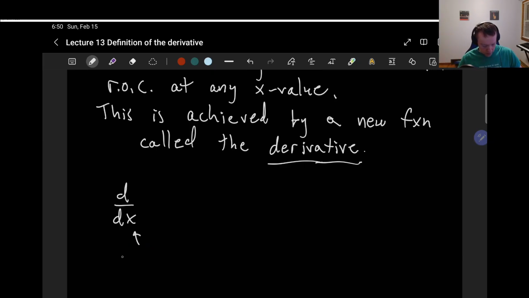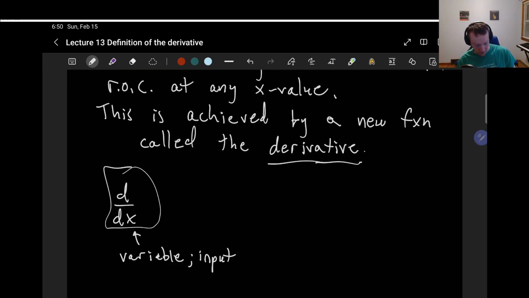So down here is the variable or the input of your function. So if we're doing a physics problem like with time, then it would be d dt. That's how we say this, d dx. It's whatever your input variable is. So this is the derivative operator.